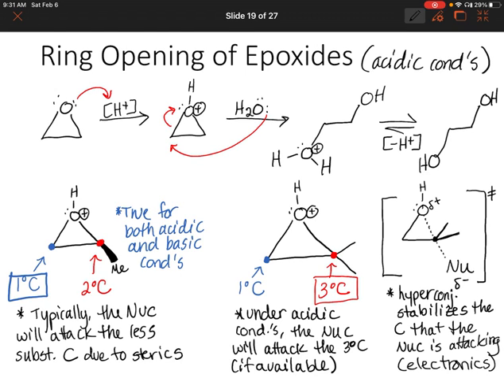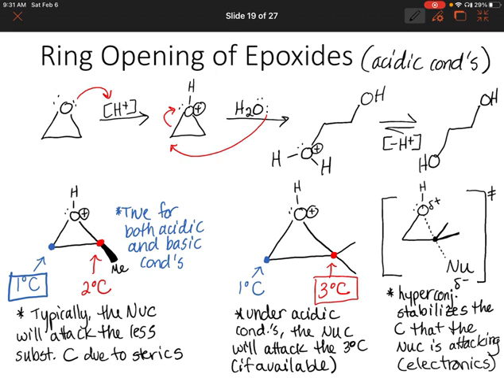So really all you have to remember is that the majority of the time with epoxides, the nucleophile will attack the less substituted carbon just because it's more available. It isn't as bulky.